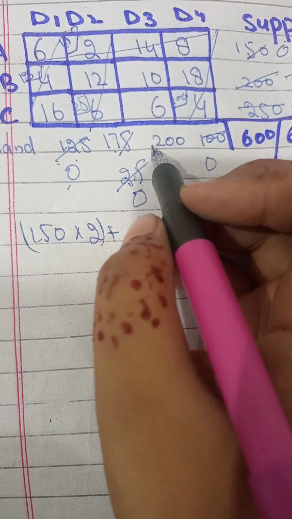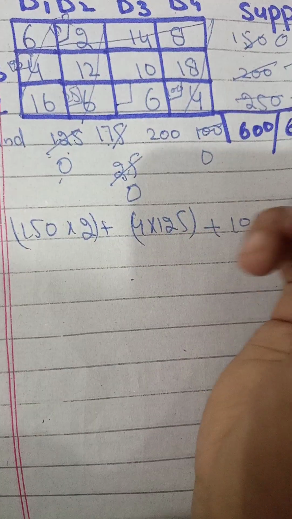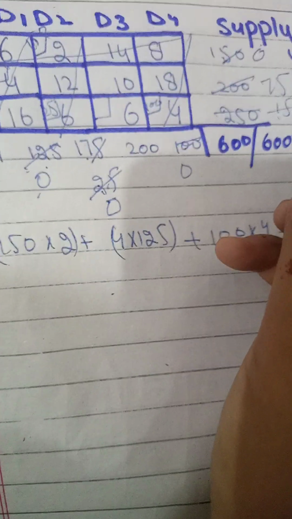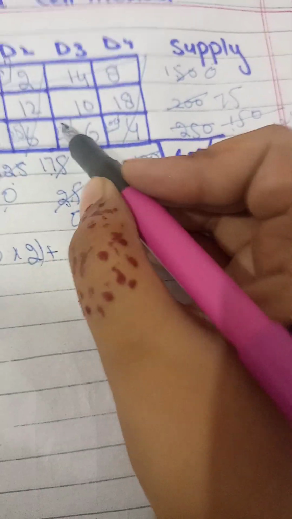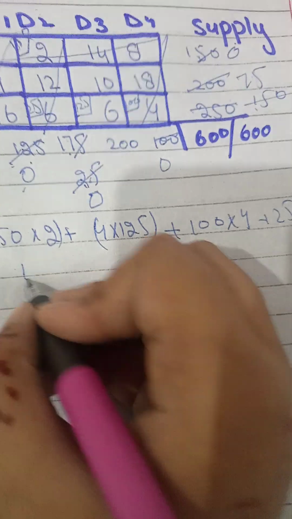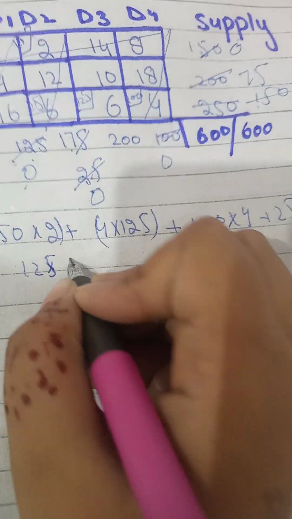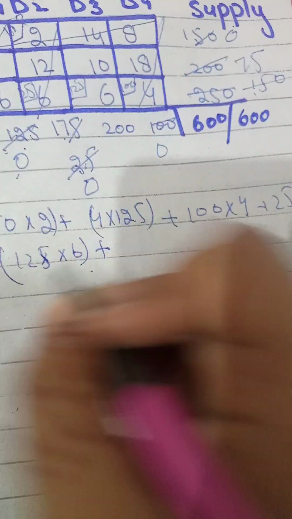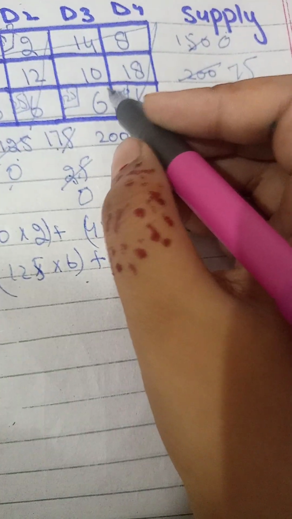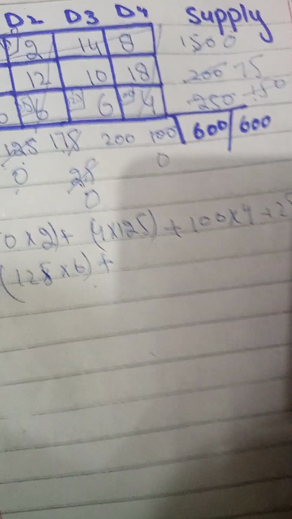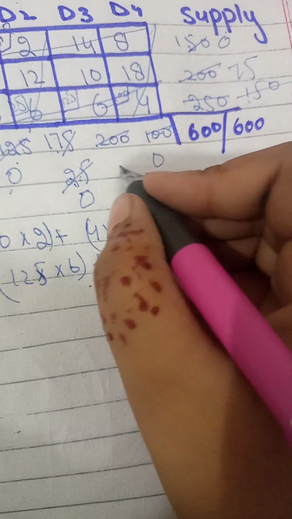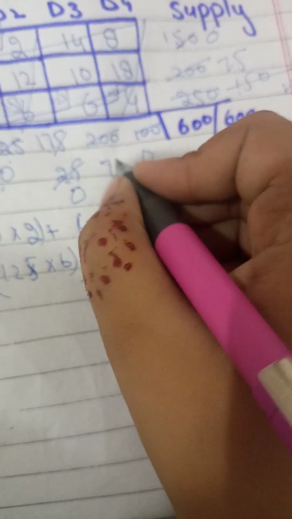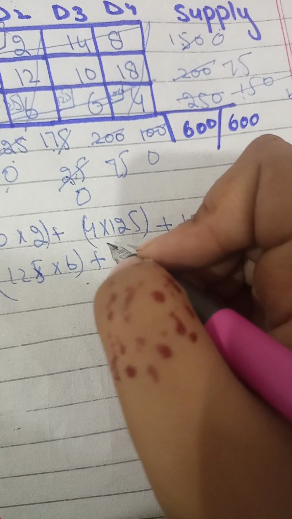Now we will choose another number which is 6, which is least. 125 and 200. We will write 125 here. It will become 0 and the whole row will become 0.